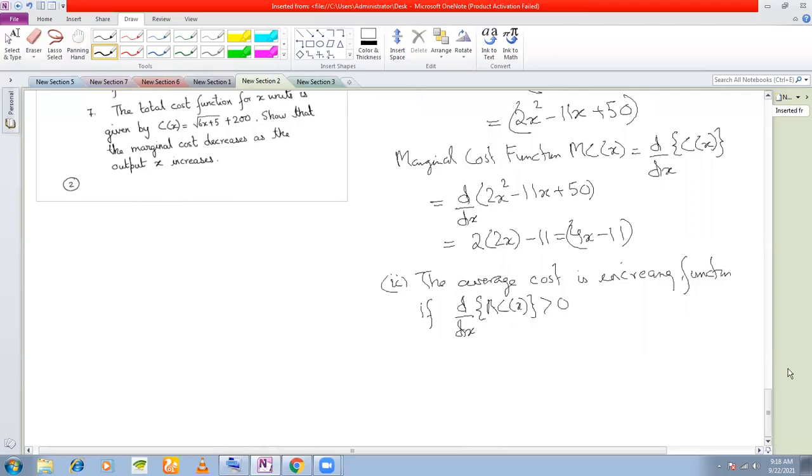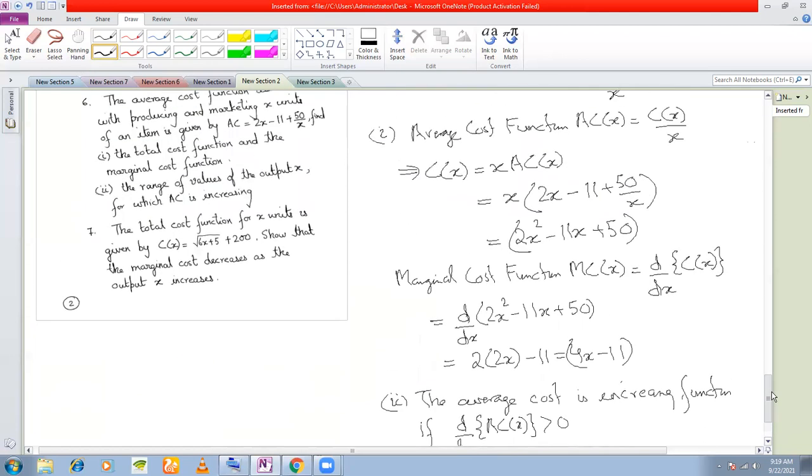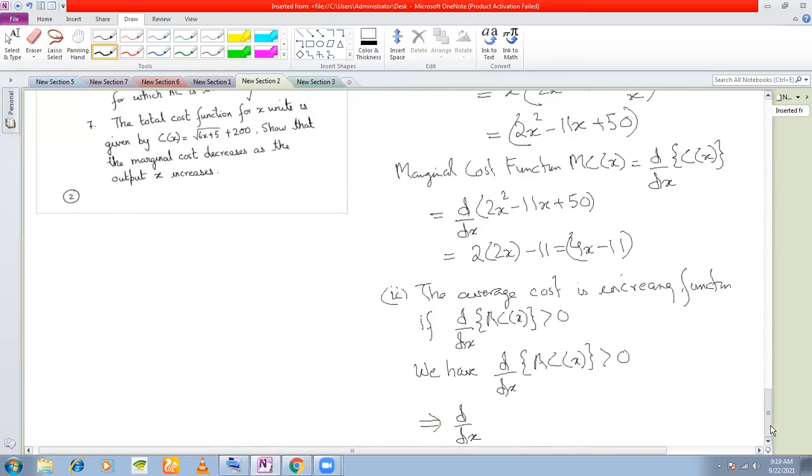Okay. So you know the average cost, d/dx of AC(x), x greater than 0, means d/dx of AC(x), which is given to you as 2x minus 11 plus 50 by x, is greater than 0.